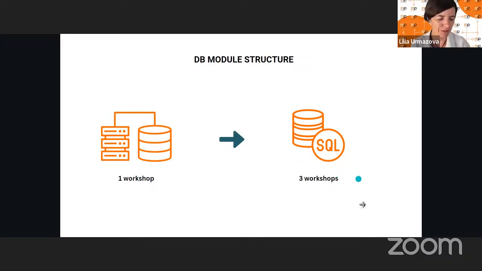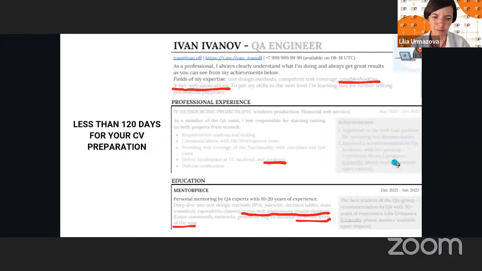So this is a bit of words about the module. And to go back to the previous workshop about the CV and the fact that you have less than 120 days for your CV preparation.